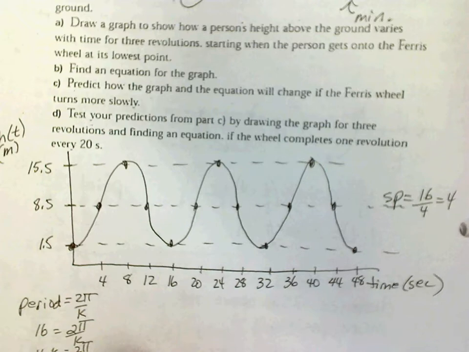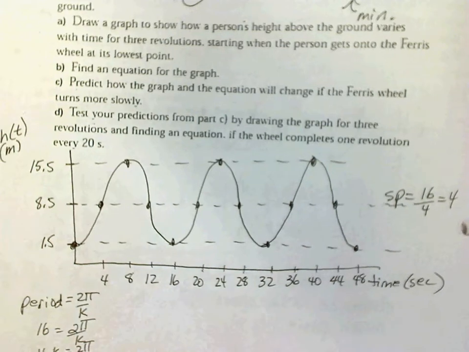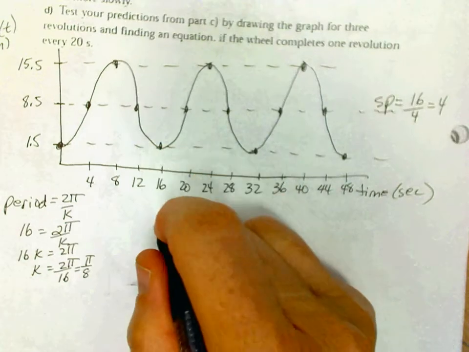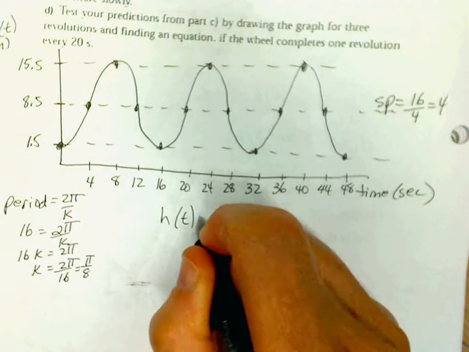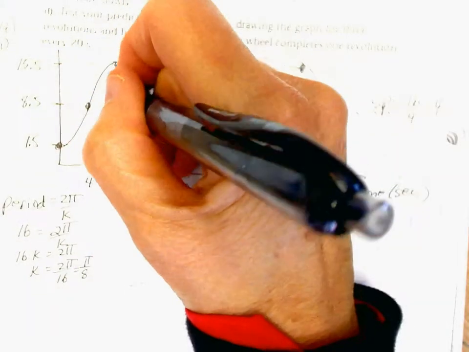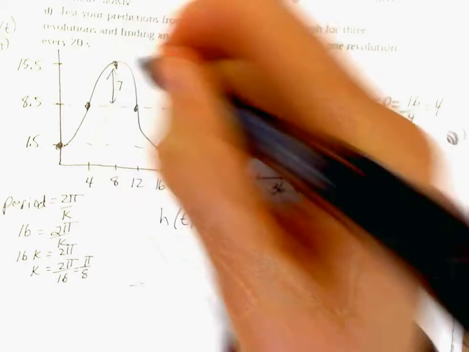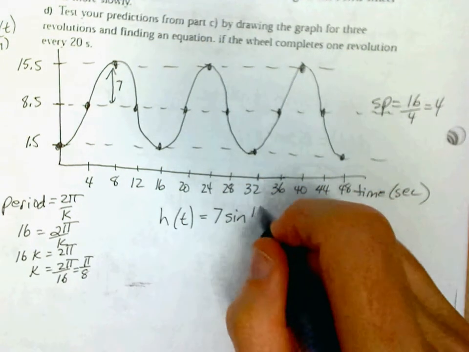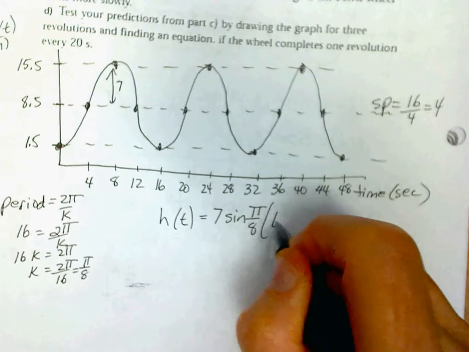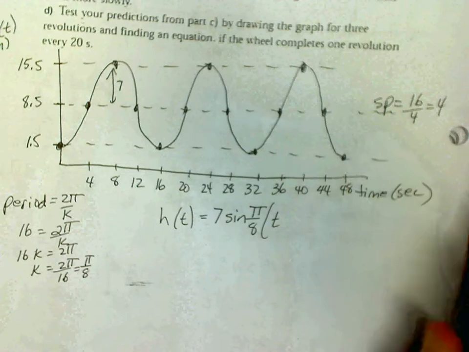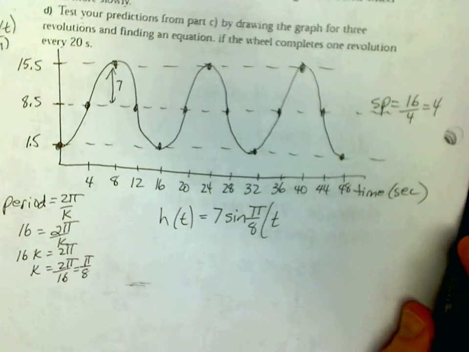So let's do it. h of t equals what? What's our amplitude? 7 sine. Our k is pi by 8, t. What's the phase shift? Phase shift is 4 to the right, so we write minus 4.